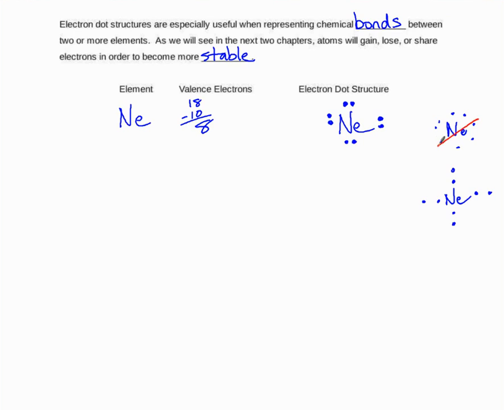Both of these are really not good situations. They're just hard to read. If you look at the one that I drew first, if you drew an imaginary circle, all of the valence electrons are more or less on this circle.